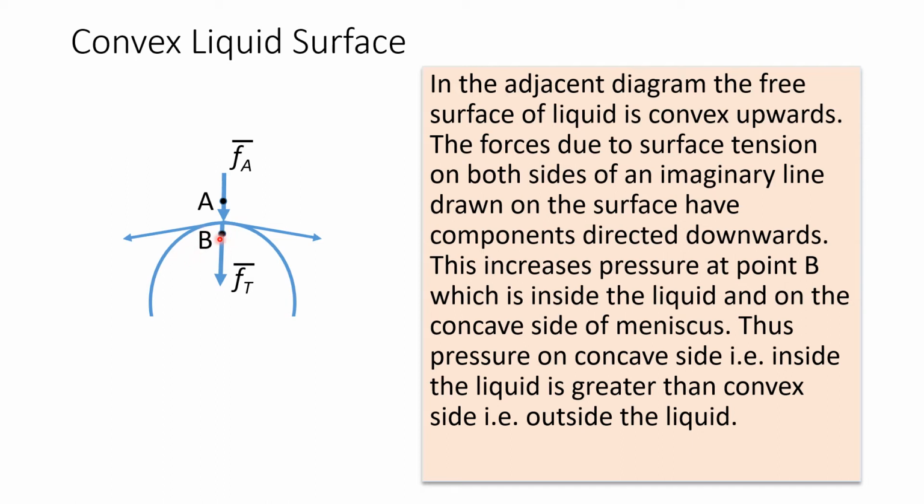Thus the pressure on the concave side, that is inside the liquid, is greater than the pressure on the convex side, that is outside the liquid. In short, the pressure at point B, which is on the concave side of the meniscus, is greater than the pressure at point A, which is on the convex side.